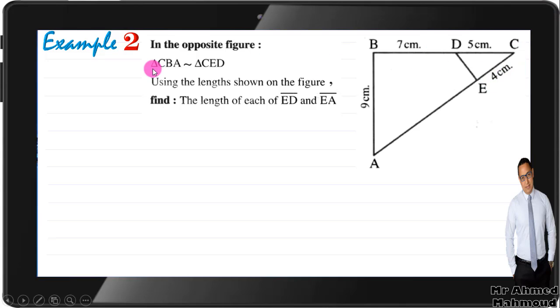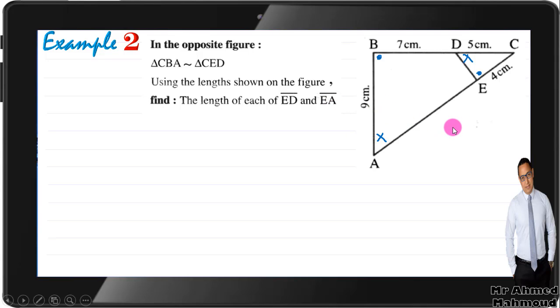I can say that angle C and angle C are common, angle B equals angle E, and angle A equals angle D. Now, using the data shown on the figure, find the length of ED and EA.